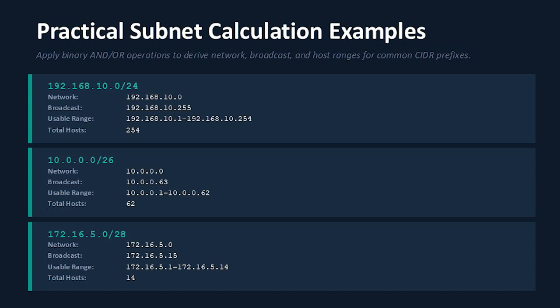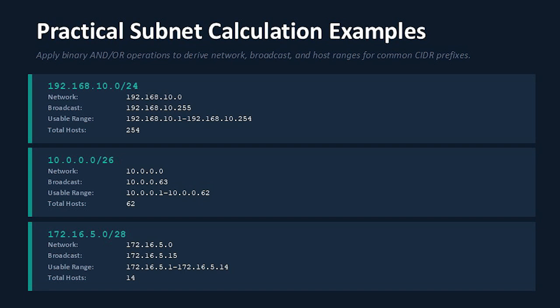So if you have the network address of 192.168.10.0/24, which again, /24 corresponds to a subnet mask of 255.255.255.0, well, your network, or the first address, and this is not assignable, is 192.168.10.0.